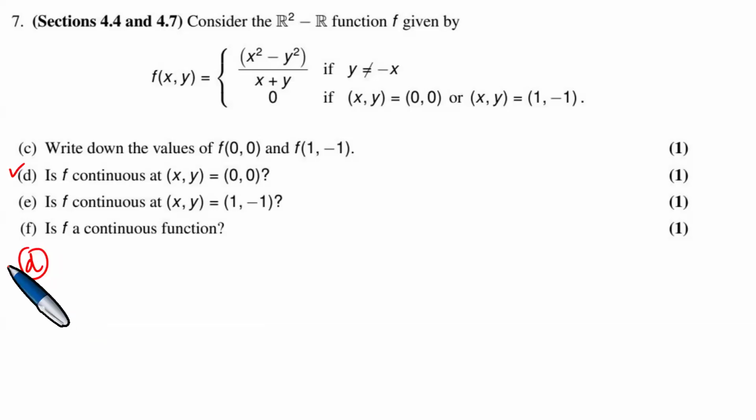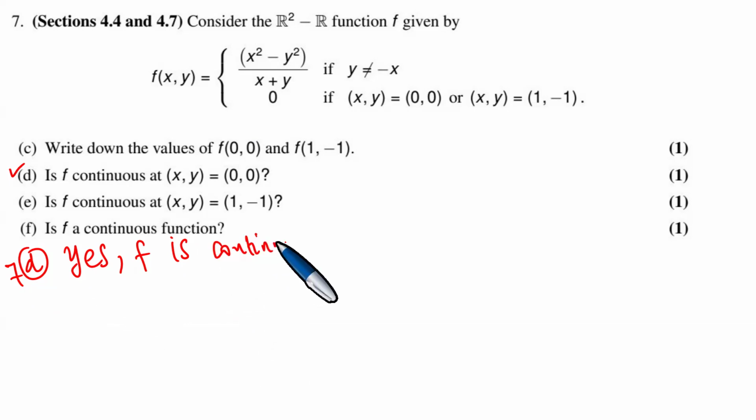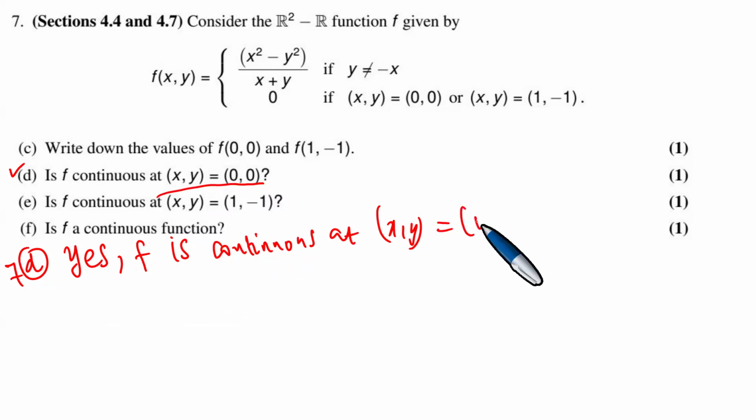So yes, f is continuous at this point, x and y equal to 0 and 0.